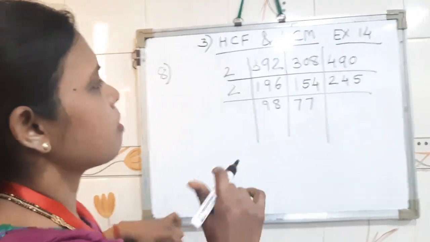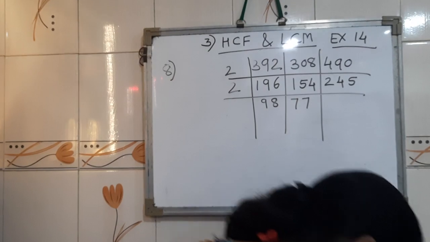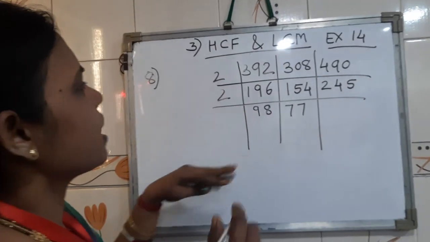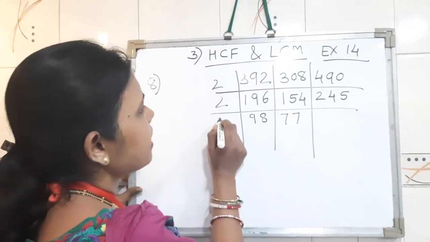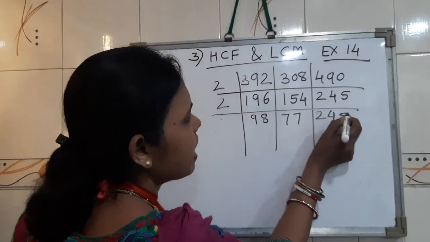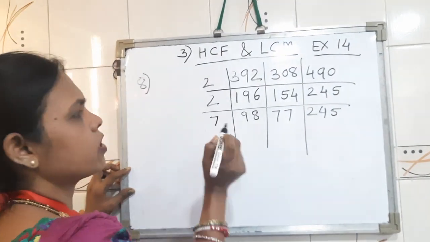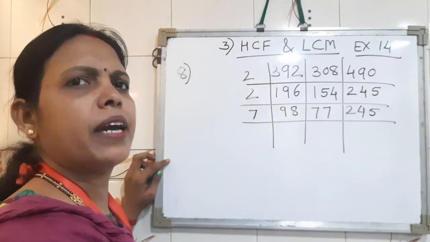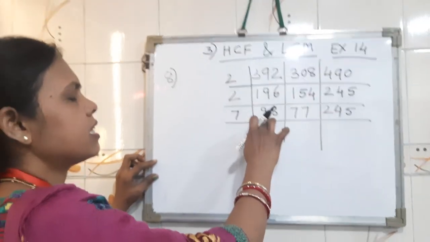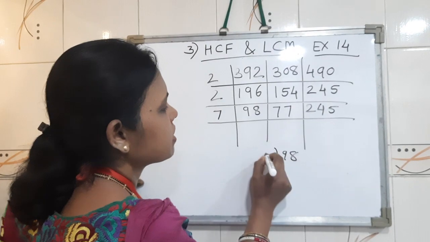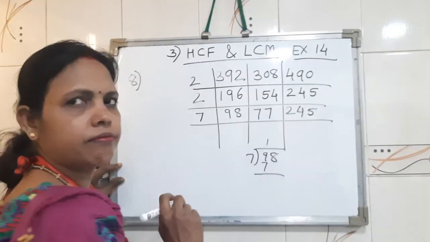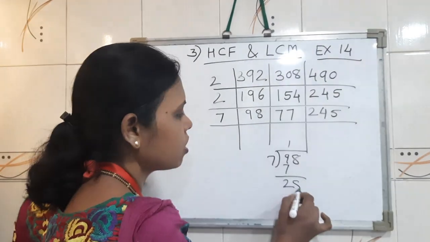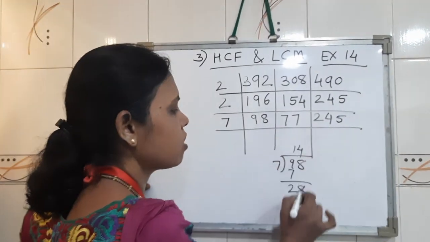Now by the next number. By another number we can take 7 also. By this 245, as it is. Then we will take 7. 7 1 is 7, 98 will remain as it is. Because 98, let's see, 7 1 is 7, 9 minus 7 is 2, now here 8, 7 4 are 28.